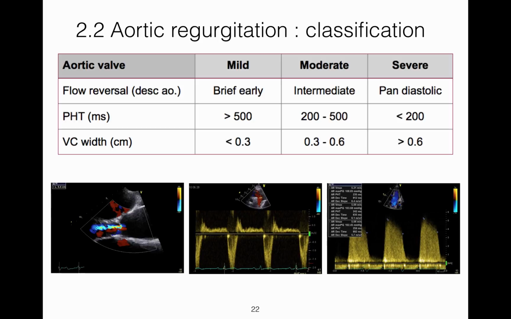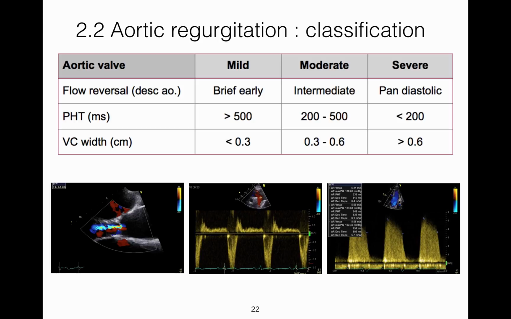The measurement ranges indicative of different grades of aortic regurgitation are as follows. Measurements indicative of mild regurgitation include a vena contracta width less than 3 mm, a pressure half time greater than 500 milliseconds, and brief early flow reversal in the descending aorta.